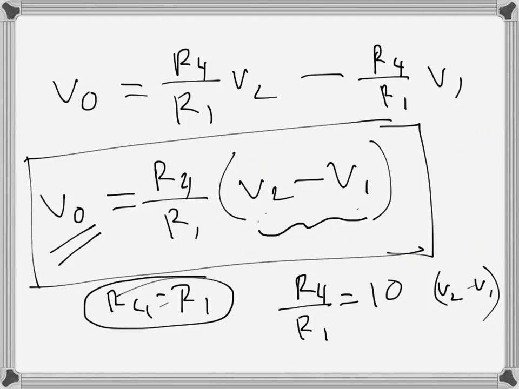We can make them equal to make it a subtractor, or make it a difference amplifier by choosing the appropriate resistances. So that's the expression. I did this video long ago, but anyway, I'm making it again. So yeah, thank you.